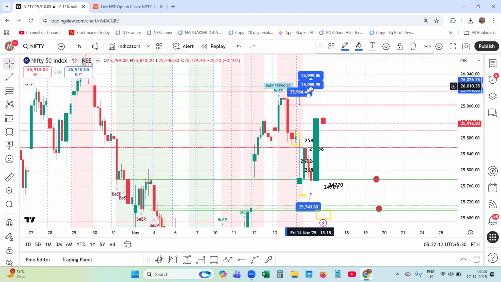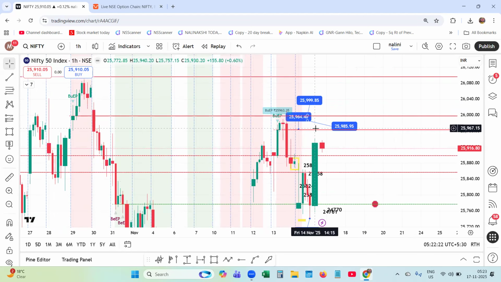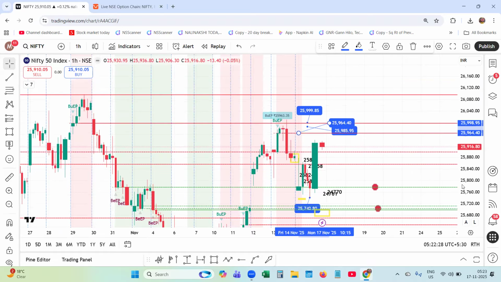This 25,985 is the intraday 15-minute EP line, call writer line, and this is the maximum barrier. Why? A bullish EP has been plotted previously, not yesterday.